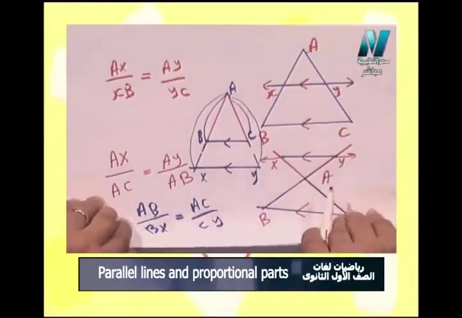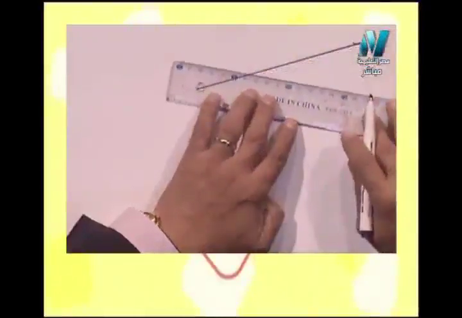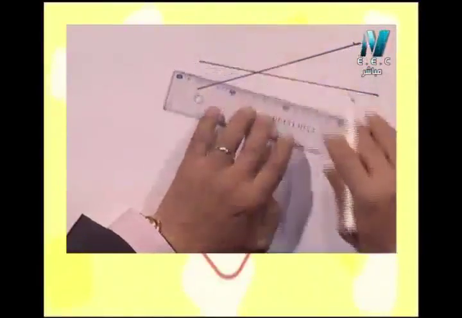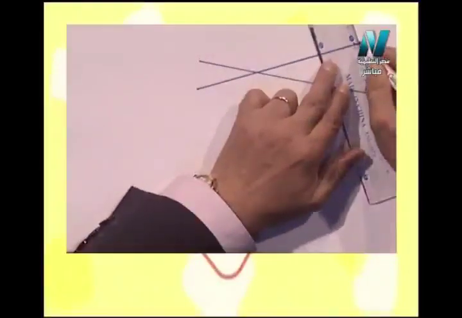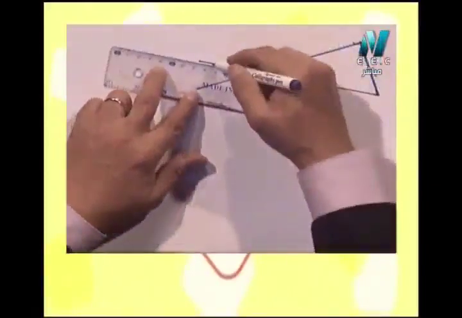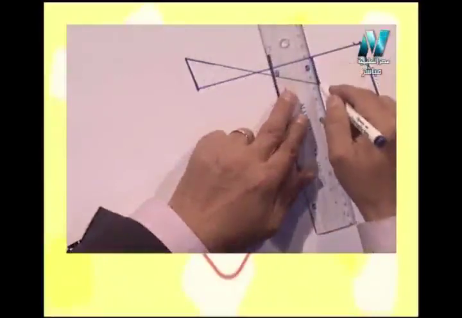Let's go to another triangle like that. Yes, if we have here a drawing like that, and we have a line segment here. Let's expand it a little. We have here a line segment also, and we have a line segment here.